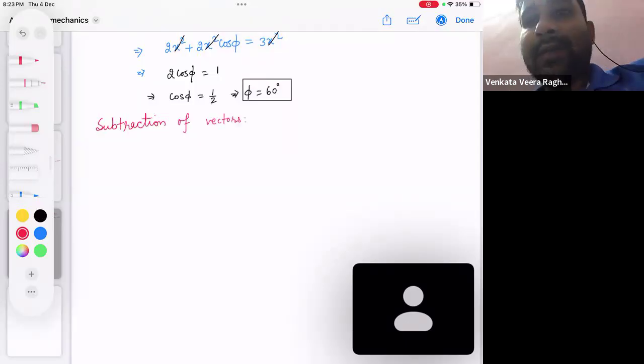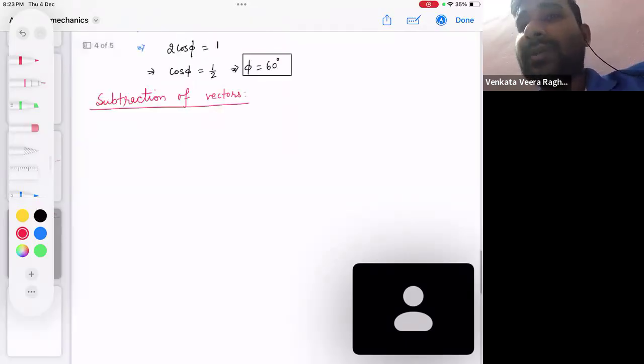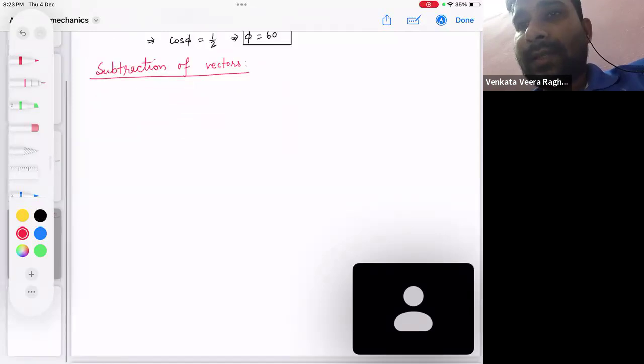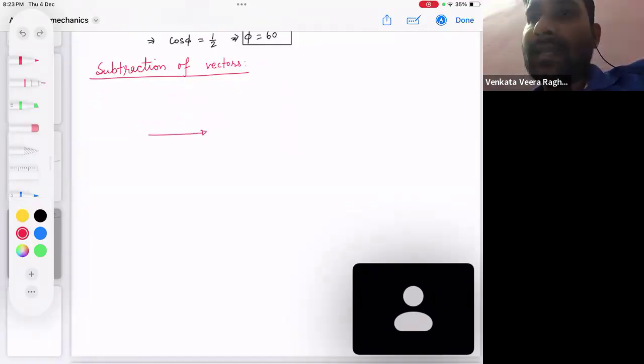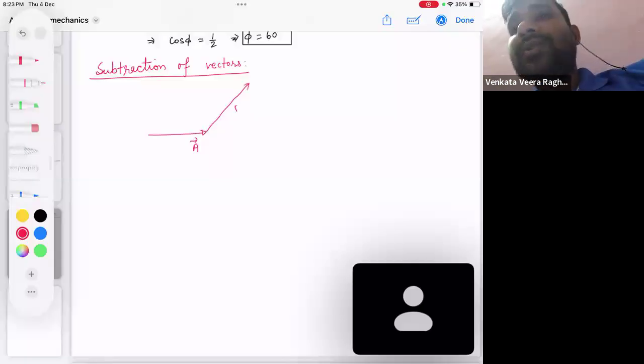Subtraction of vectors. Let's say I have two vectors which I want to subtract. This is vector A, and this is vector B. In this question we want to find A vector minus B vector.